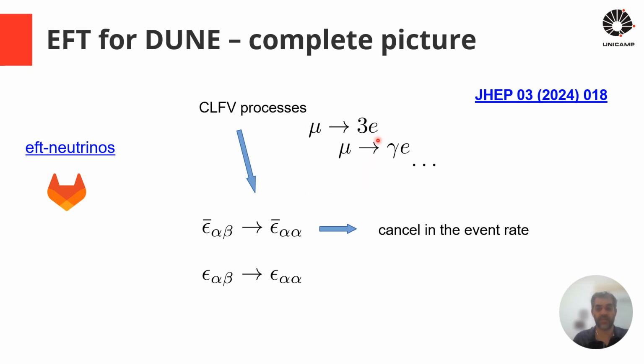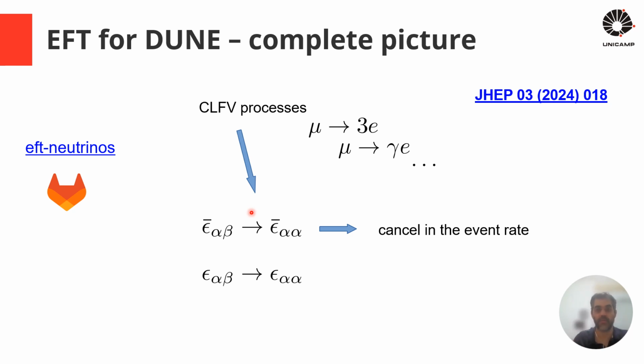The main point we get from considering these processes is that all the non-diagonal NSIs are basically zero. You only have the diagonal ones.